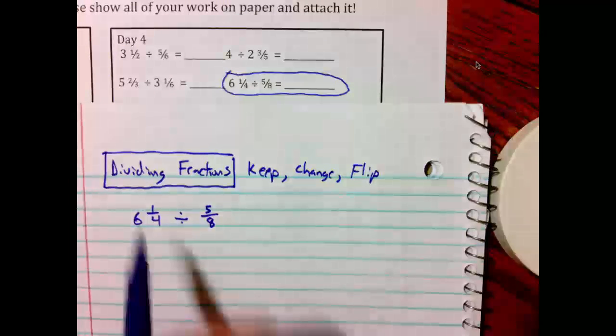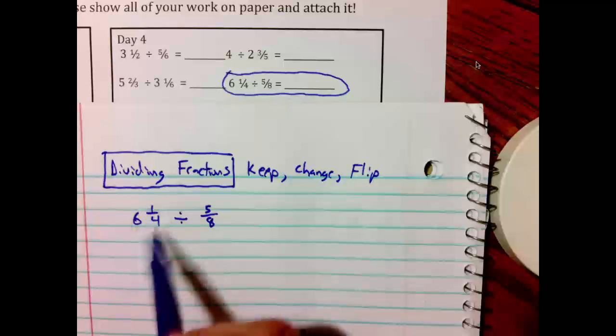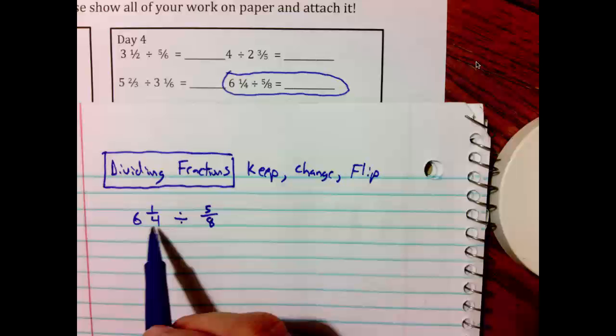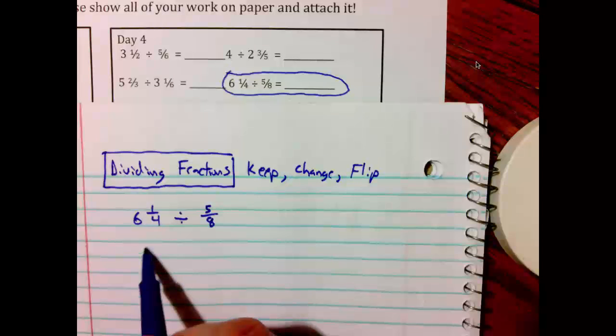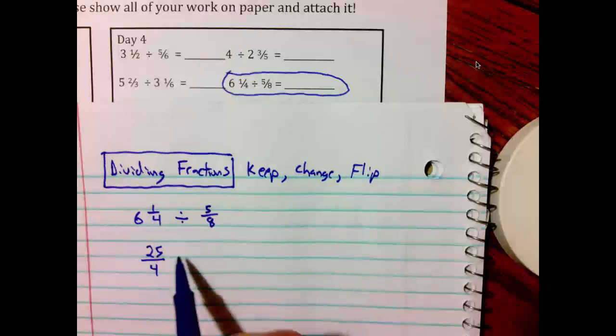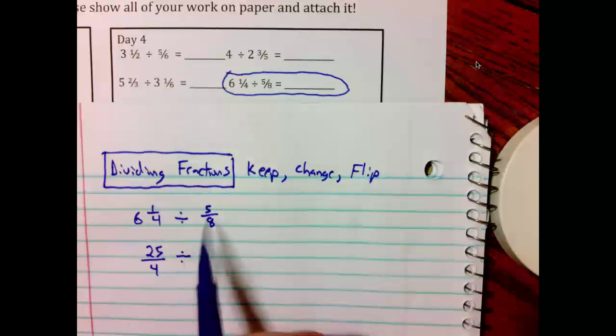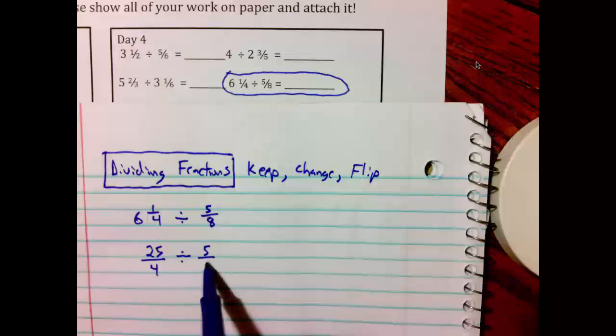Again, I will first convert my mixed number to an improper fraction. 6 times 4 is 24, plus 1 is 25. 25 divided by 4 is equivalent to 6 1/4. Leaving the divide the same momentarily, we have 5/8.